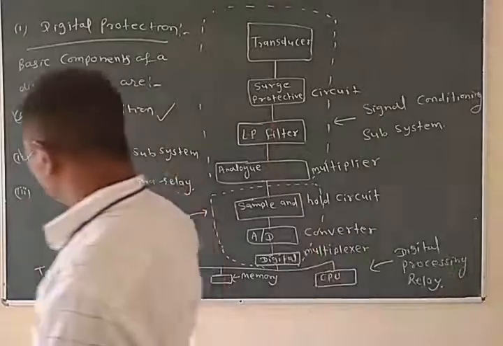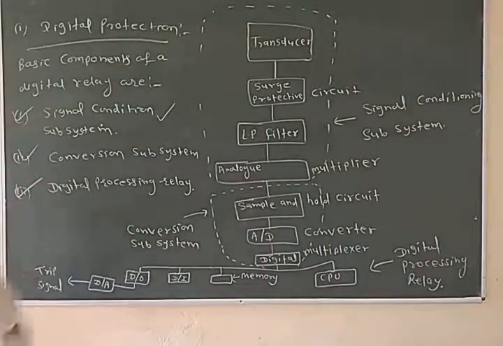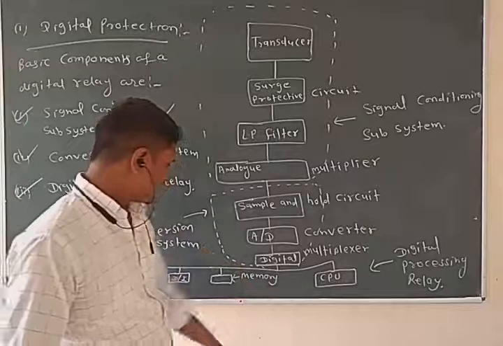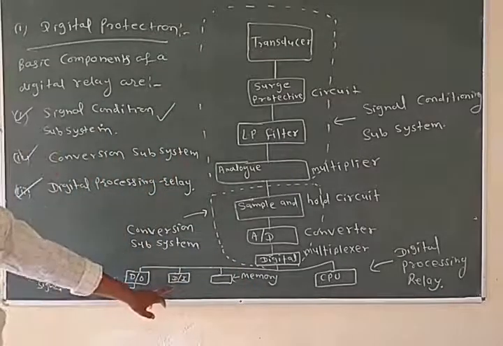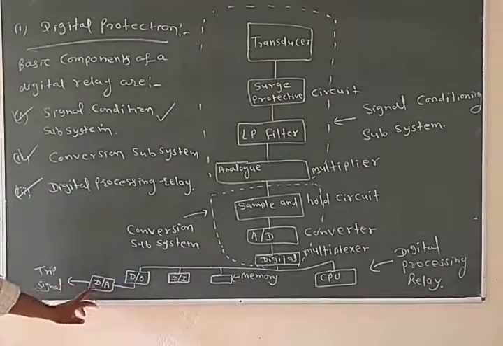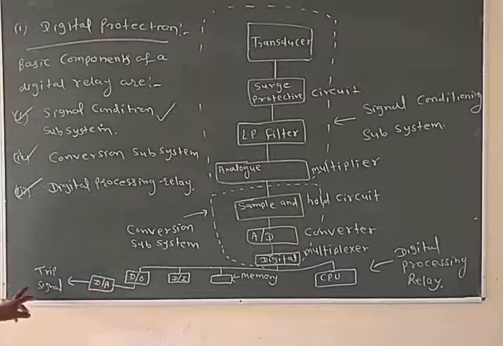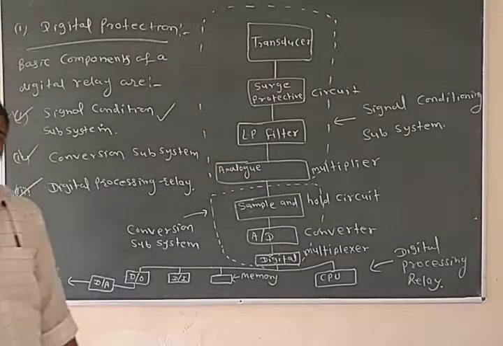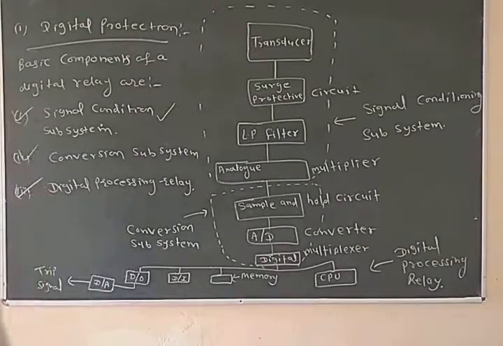Our third subsystem is the digital processing relay, which consists of CPU, memory, digital input, digital output, and digital to analog converter, and then output to the trip circuit. So these are the components of a digital protection system.